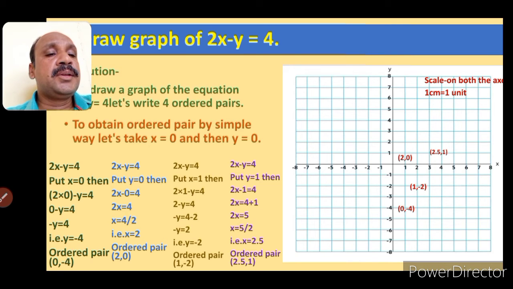When we join all these points, then the graph becomes a straight line. Here is the graph of the equation 2x minus y is equal to 4.